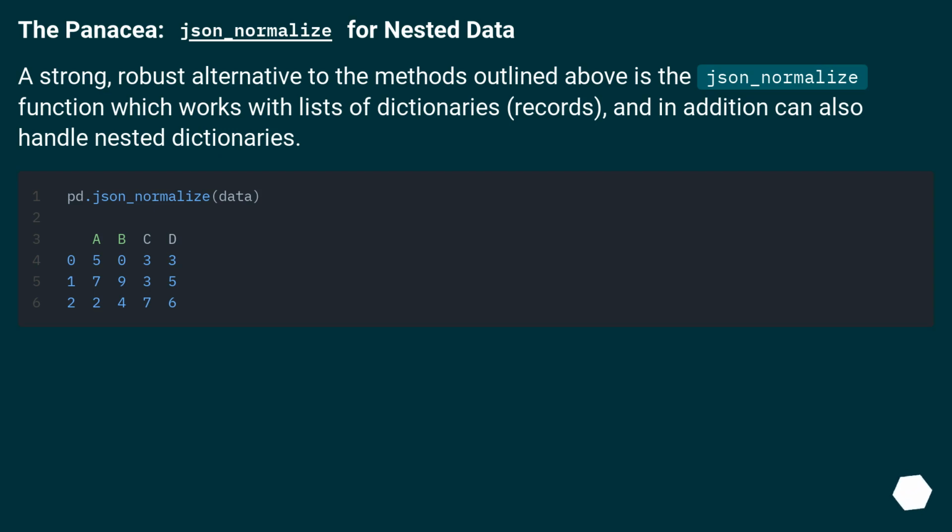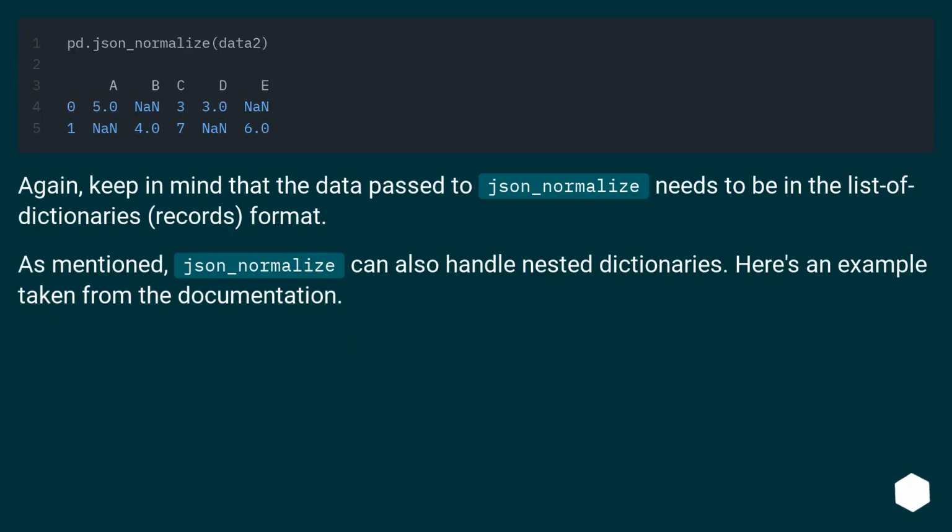The panacea, json_normalize, for nested data. A strong, robust alternative to the methods outlined above is the json_normalize function, which works with lists of dictionaries, records, and in addition can also handle nested dictionaries. Again, keep in mind that the data passed to json_normalize needs to be in the list of dictionaries, records, format. As mentioned, json_normalize can also handle nested dictionaries.